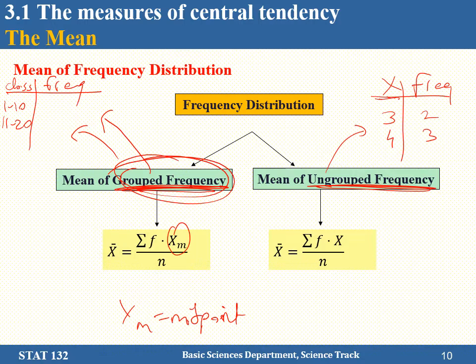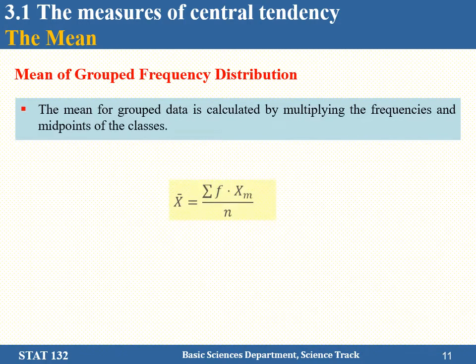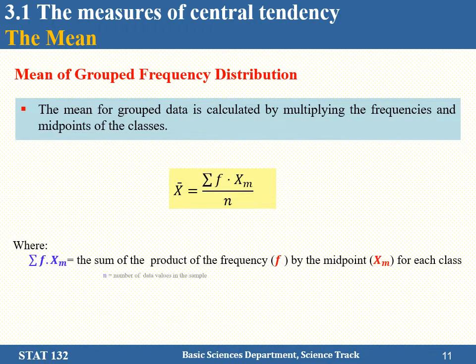So these are the formulas we use to find the mean of grouped frequency. And here we need the midpoints. Okay, we will see how to use the formula in the examples. Now the mean of grouped frequency distribution: we find the midpoints and then multiply the frequency for each midpoint, or for each class.